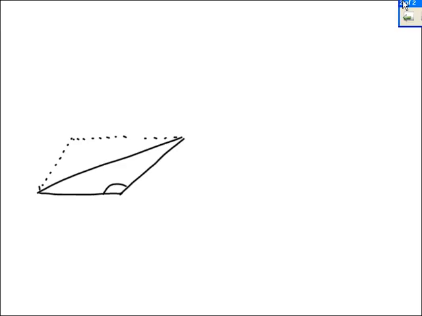And all I did is I took this area and I flipped it across this line. And I came up with that area, that triangle. Those two triangles are exactly the same. But it's a parallelogram now.